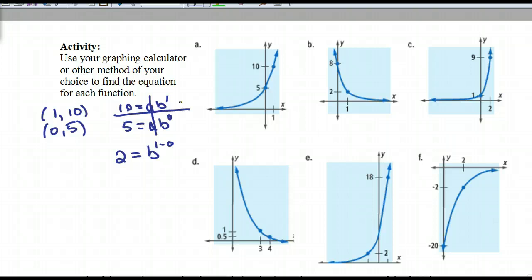This is good for when you have like different exponents, like 4 and 2 or something like that. Then you can do it this way, okay? So my b is actually going to be 2, okay? We already know my a is 5. So this one right here is y equals 5 times 2 to the x power.